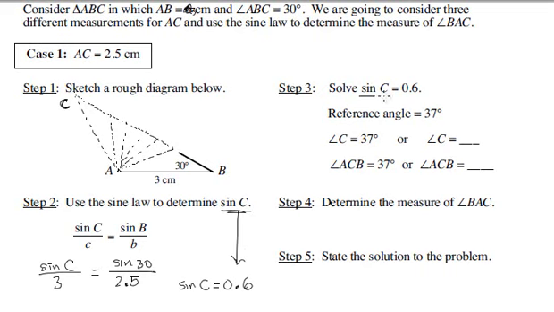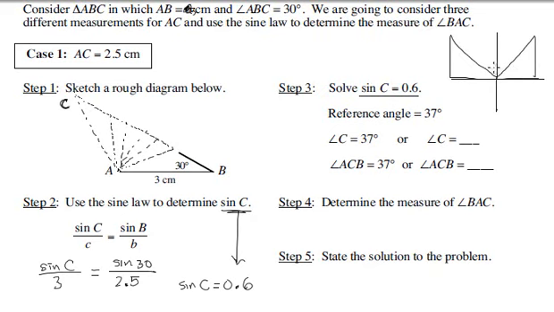In step 3, they say, all right, now that you've got sine C equals 0.6, what angle does that mean? Or rather, what angles does that mean? Because when we look at this, you remember when we solved these in the previous section, the first observation we'd make is that sine is a positive number, which means it could be over here or it could be over here. 2 possible values.